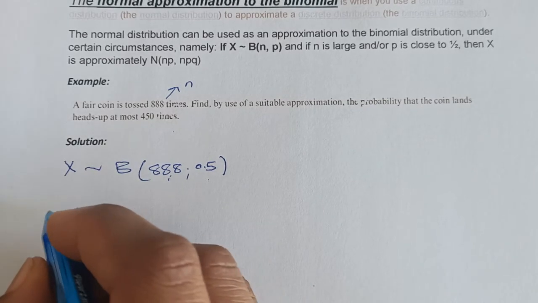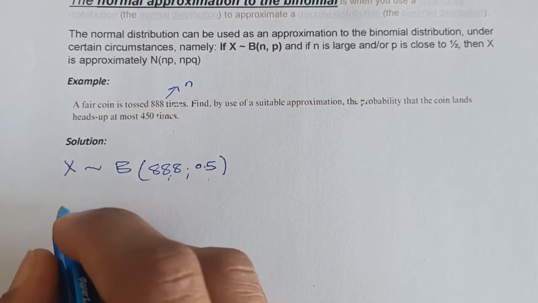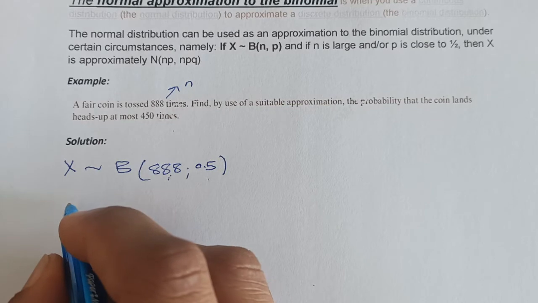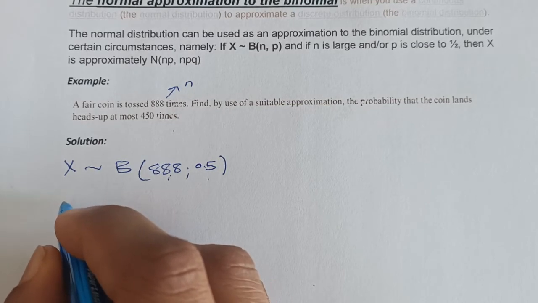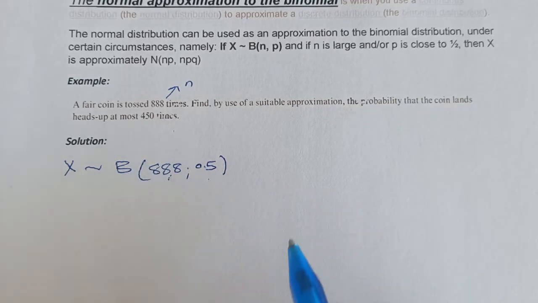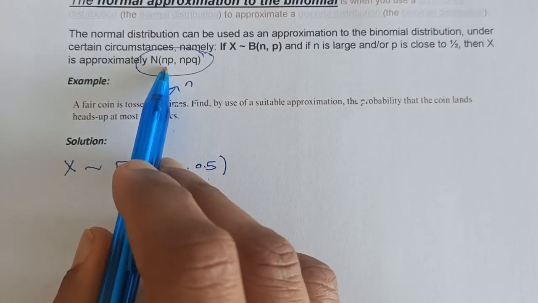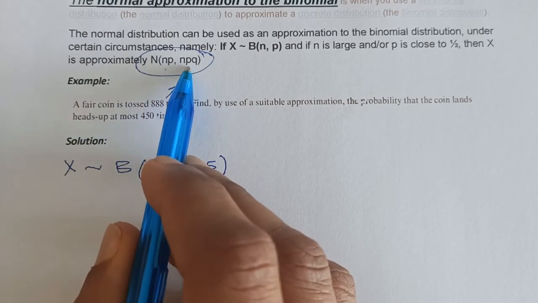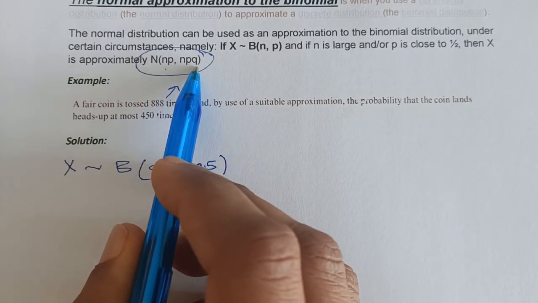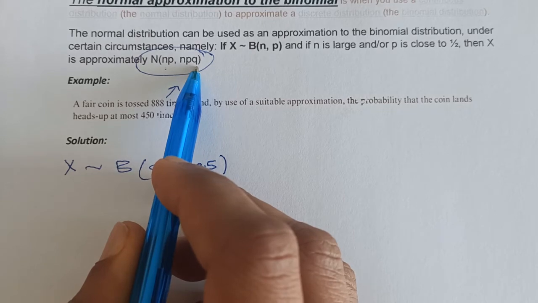Now, we're not using the binomial distribution to solve this, we're using a normal distribution to solve this. So when we use a normal distribution to solve this, we start approximating it using the formulas n times p to get the mean, and n times p times q to get the variance.